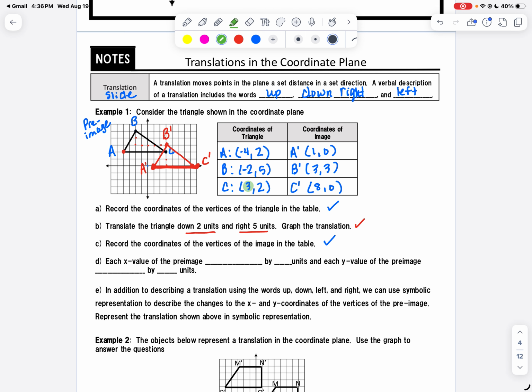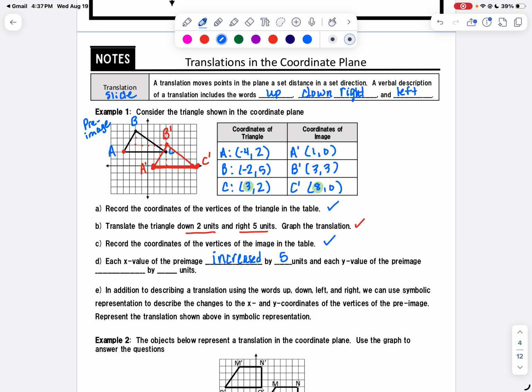So my pre-image had an X value of 3. My new image had an X value of 8. So that means my X values increased by 5 units. They went from 3 to 8.